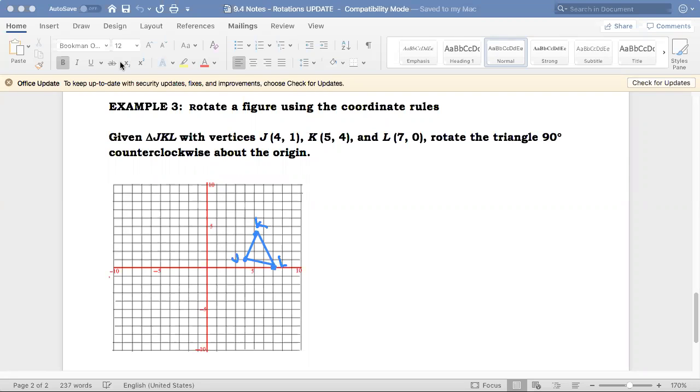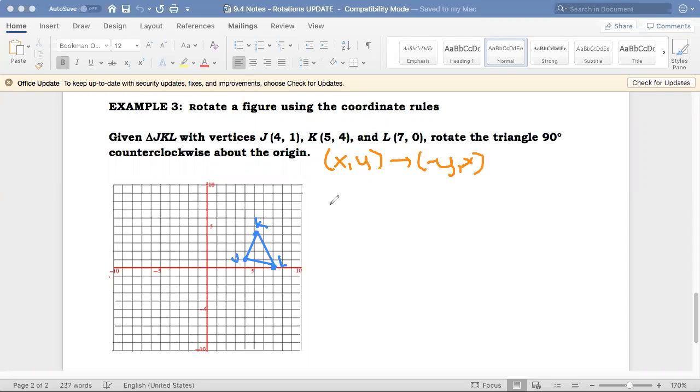And now what we're going to do is our rotation. So remember, for a 90-degree counterclockwise rotation, it's the same as a 270 rotation. It means that x and y are going to become -y, x. And sorry that that looks so terrible right now. So let's take a look at this.